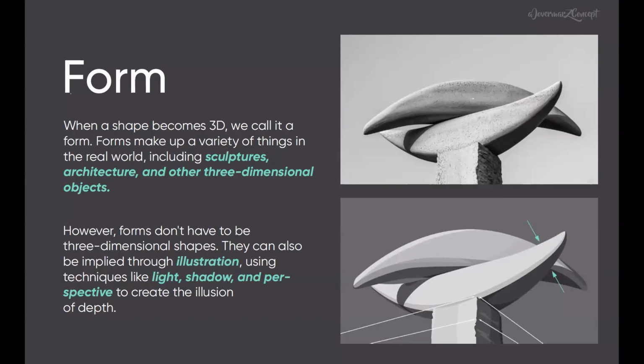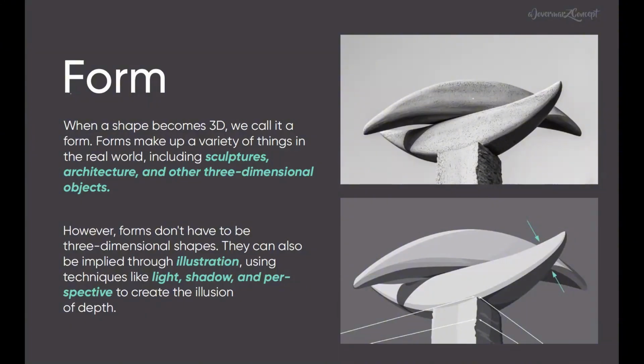However, forms don't have to be 3-dimensional shapes. They can also be implied through illustration, which means that you could create form from flat objects and make it look 3-dimensional. That making it look 3-dimensional is the illusion created by the designers.